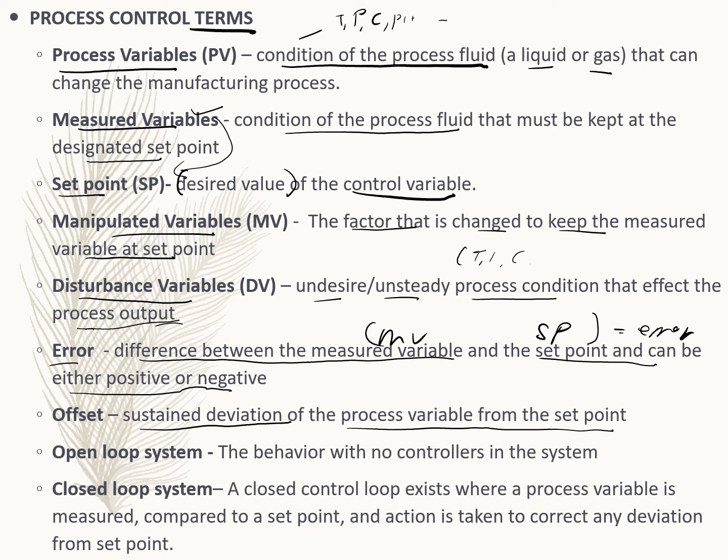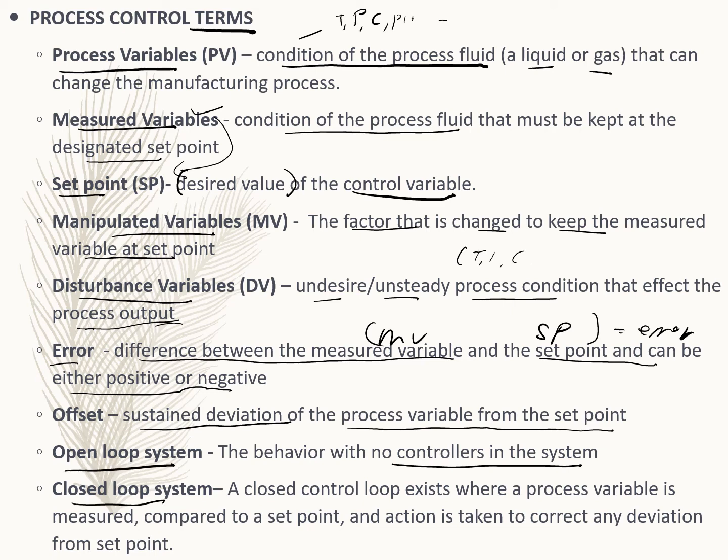Next is open loop system, the behavior with no controller in the system. If the process doesn't have any control system, we call that an open loop system.